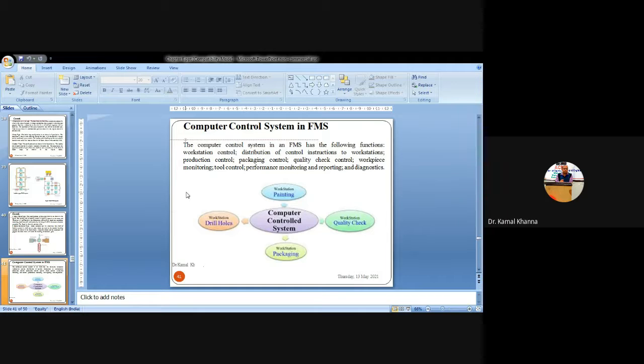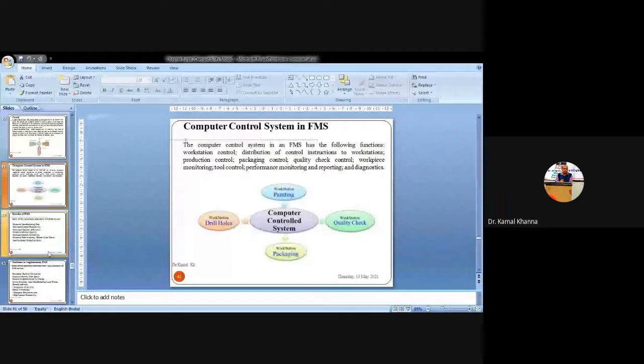He or she can check from the computer system, because all the data is entered in the ERP systems. So that is why we have the advantage of the computer control systems in the FMS, and we are achieving flexibility in the systems. That is, we are achieving competitiveness in the market and meeting the uncertainty of the market.